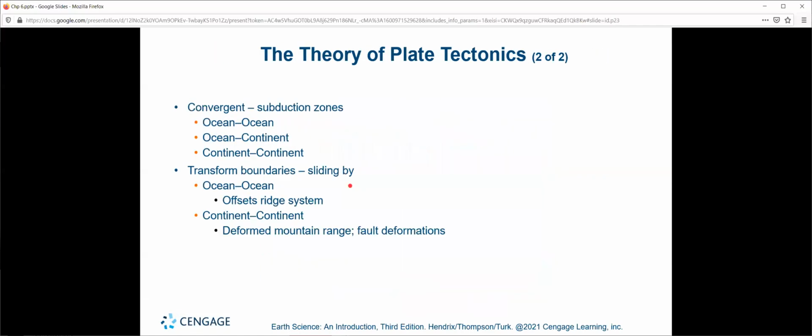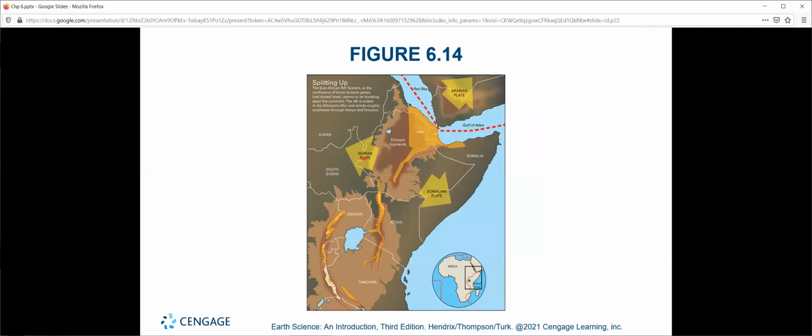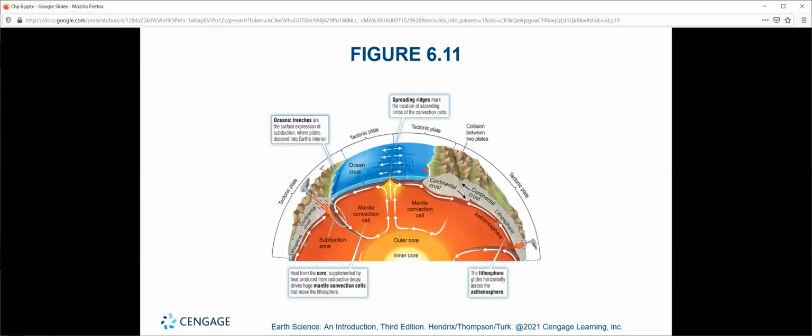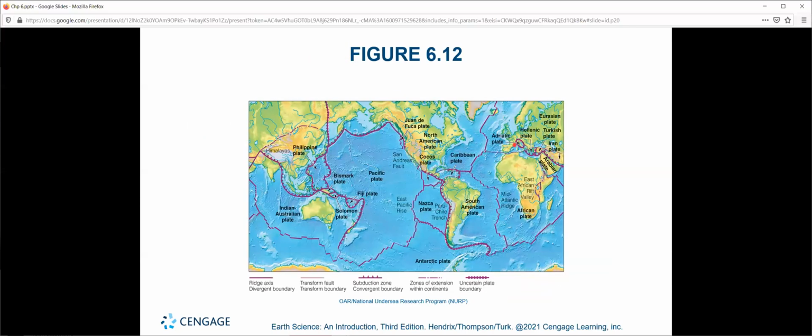And in fact, this pulling apart, let's take the Namibia and the Somali plates as an example. This pulling apart in an east-west direction is very similar to what happened between North America, Europe, and South America, Africa, many millions of years ago.